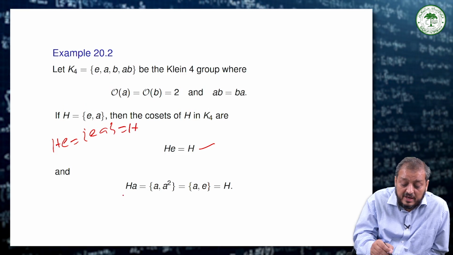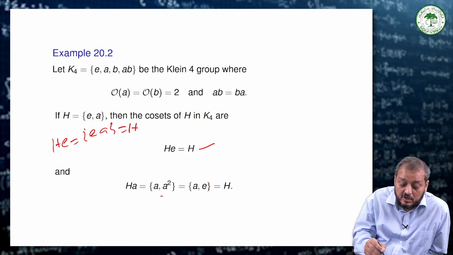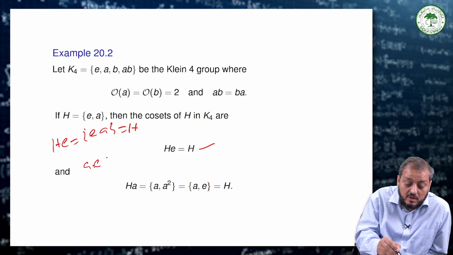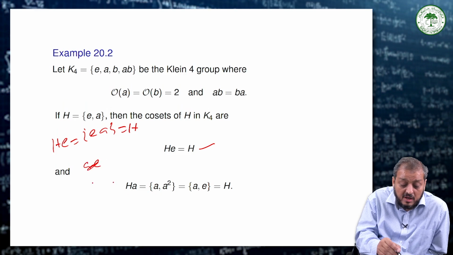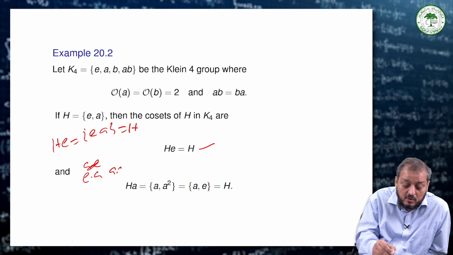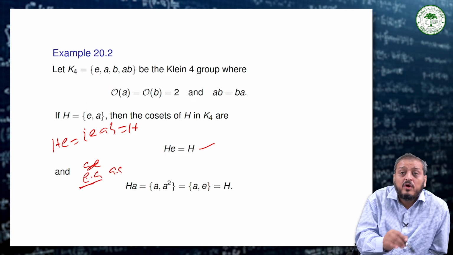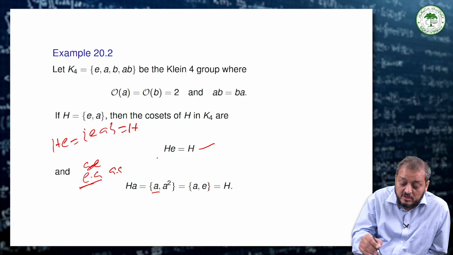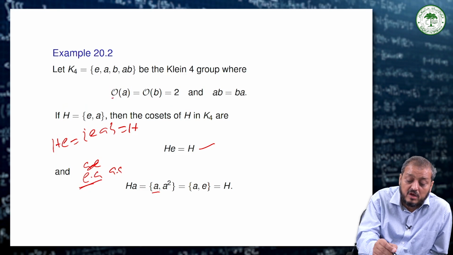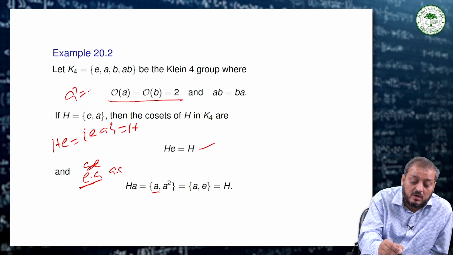Now if you take HA, then HA is E times A and A times A, so identity times A is A, and A squared is the identity.